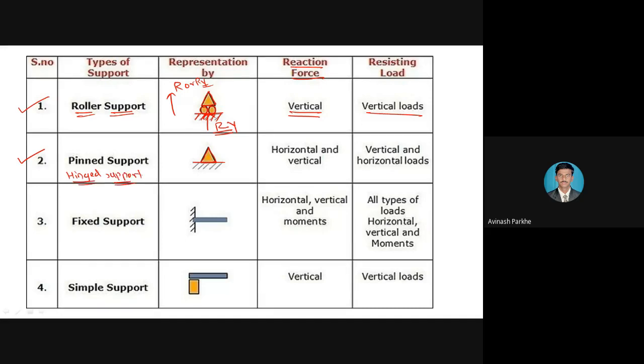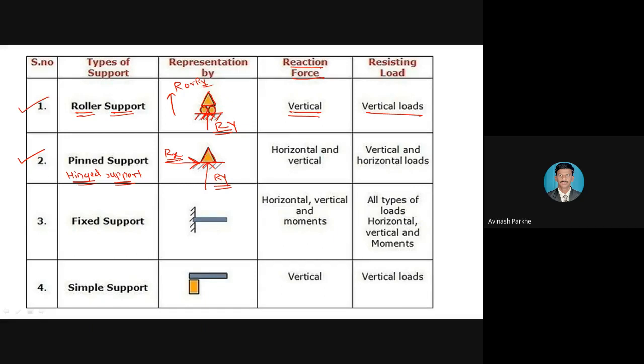Pinned support is also called a hinged support, and it has two reactions. One is horizontal, one is vertical. Horizontal reaction is represented by Rx, and vertical reaction by RY. So pinned support or hinged support has two reactions.